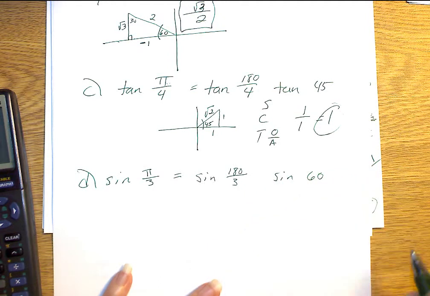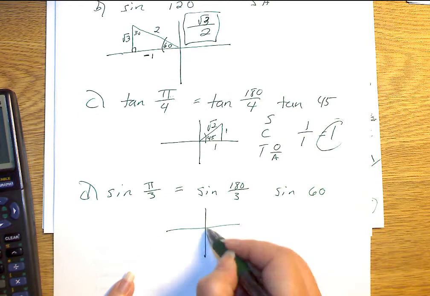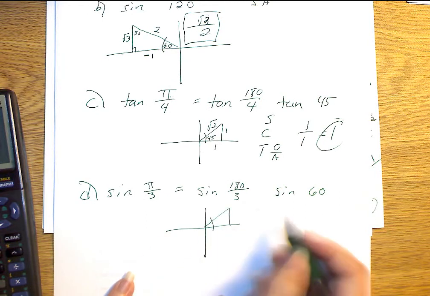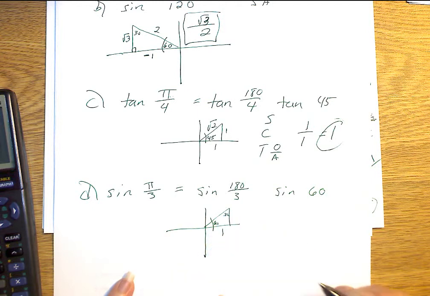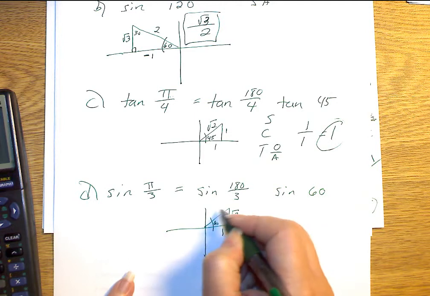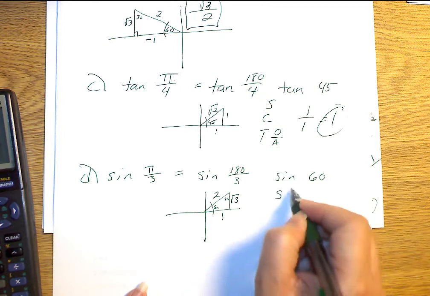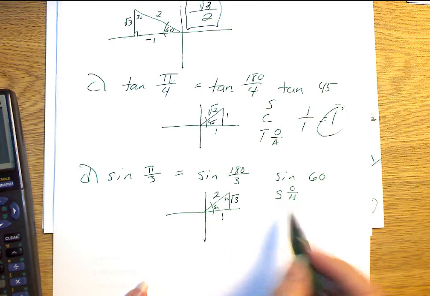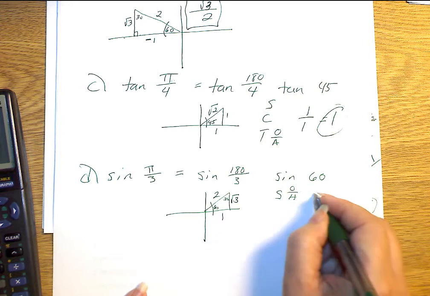So that means we really are taking first quadrant. So there's a 60 degree. So it's our 60-30. So across from it is 1. This is square root of 3, and this is hypotenuse of 2. Sine is opposite over hypotenuse. So opposite is your square root of 3 over 2 again.